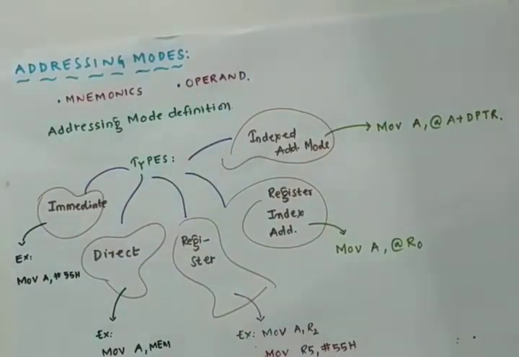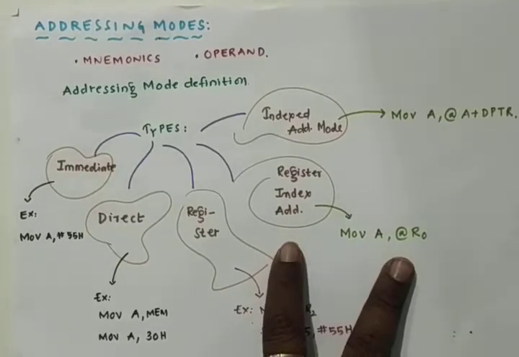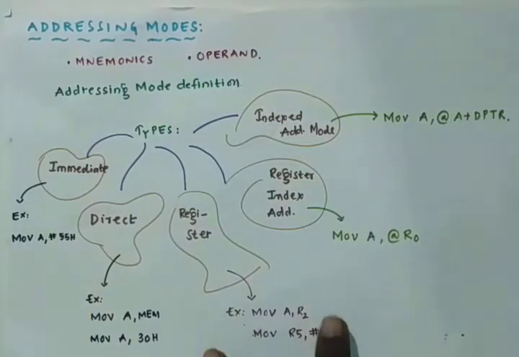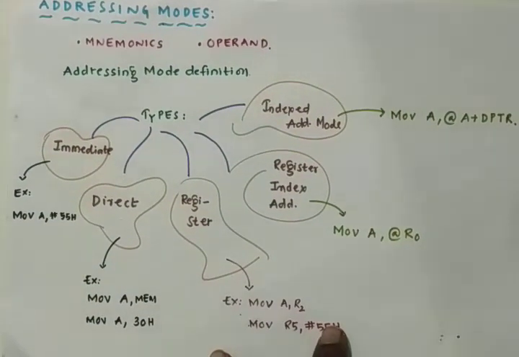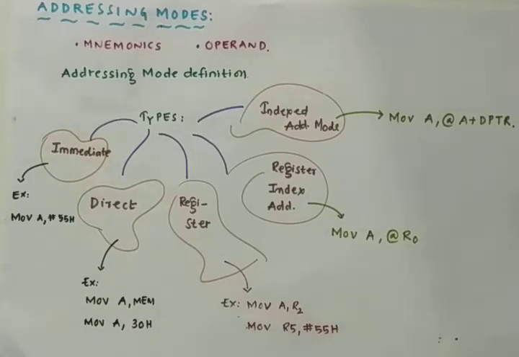Mnemonic is the instruction which is specified using some alphanumeric terms, represented by alphabets, and operand is the data on which we are performing the operation, the instruction. So these two terms are very important, and this can be asked for 2 or 3 marks in the exam.